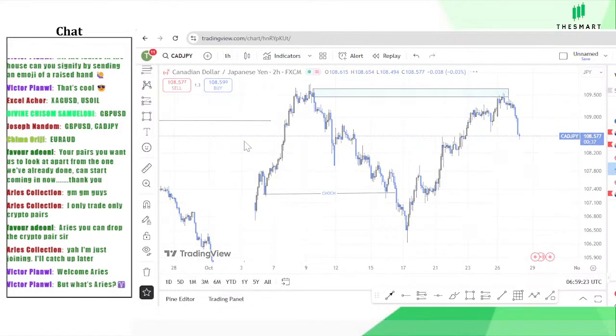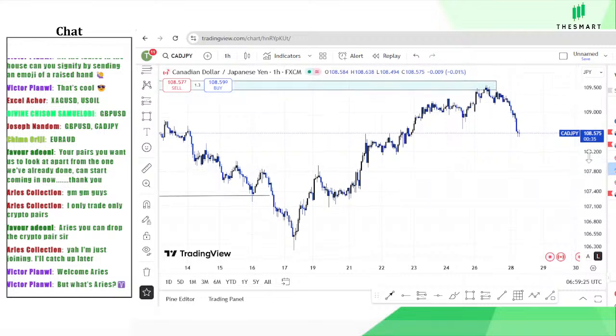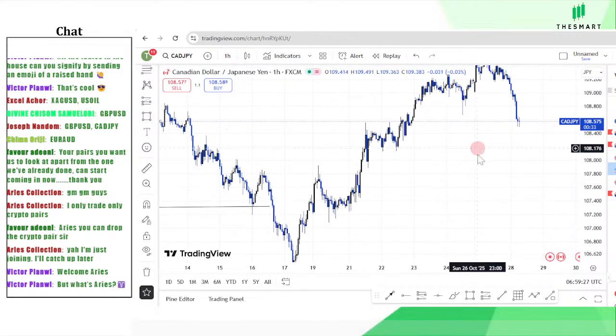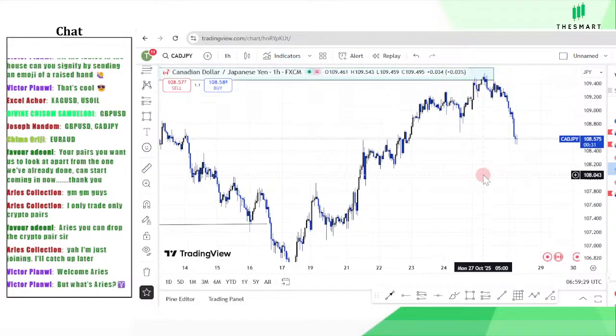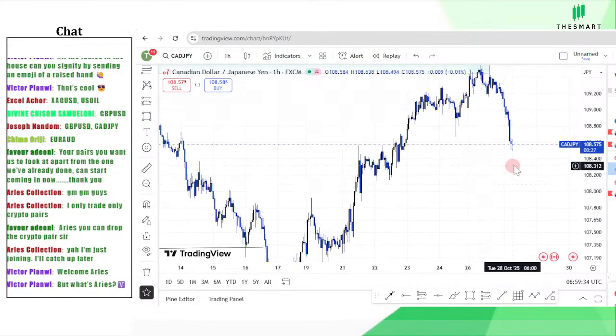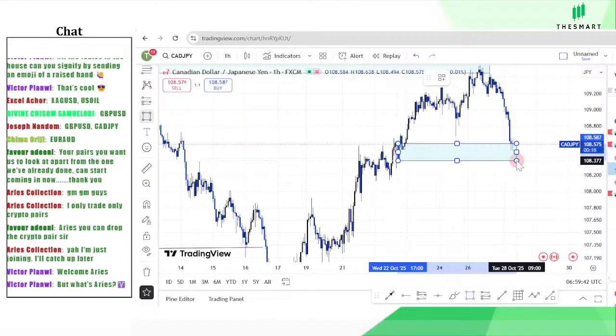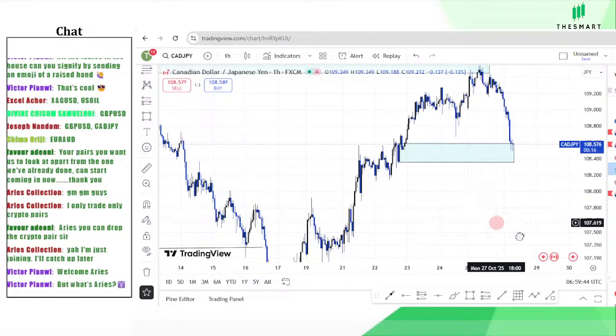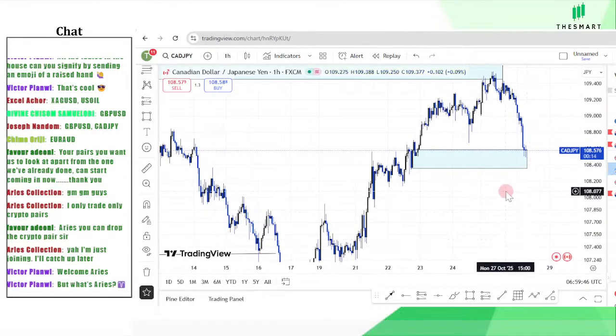We still have a pending zone, and if we are to work with the pending zone we have, price is currently at another block. But I don't like this type of other block. Personally, I don't like them, because this other block is not just at this zone.